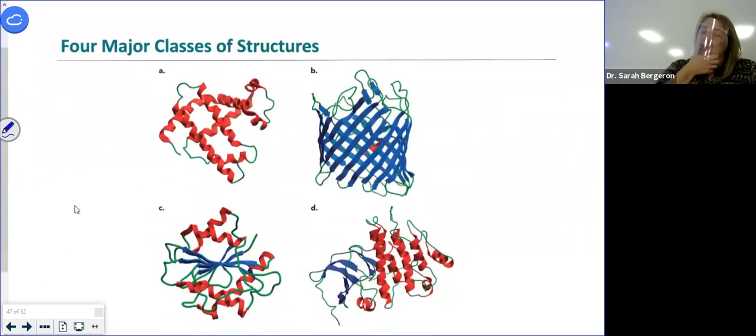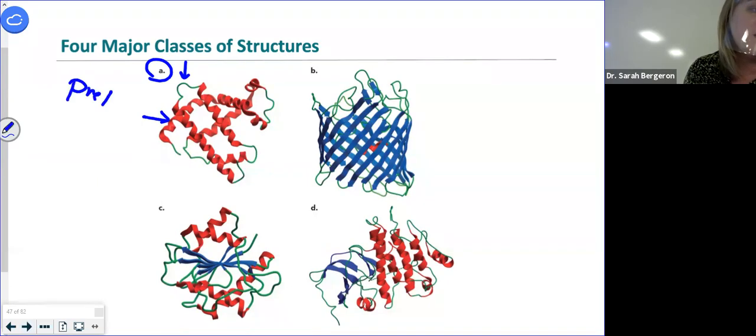Okay, so when we look at 3D polypeptides, there are some common classes within tertiary structures. So you could be all alpha helices, right? This is the first one. Do you see how I basically have these loops that connect alpha helices together, right? So that's one class. One class is predominantly alpha helix, right?